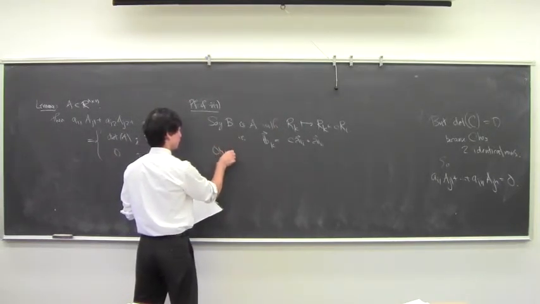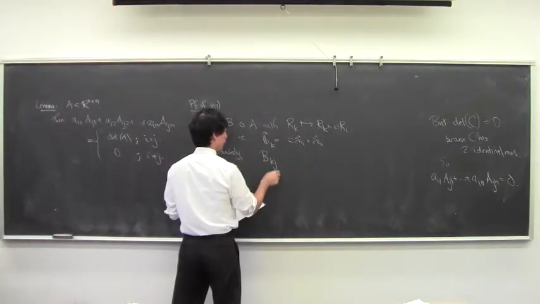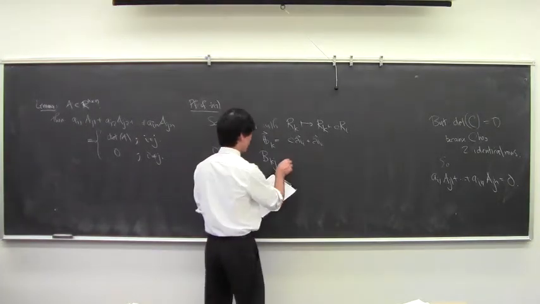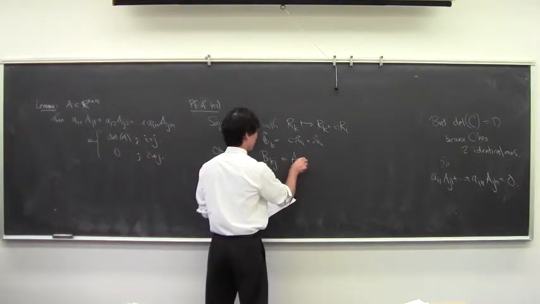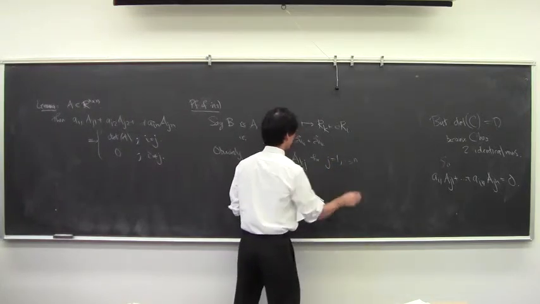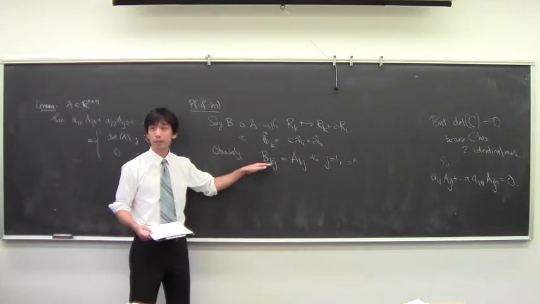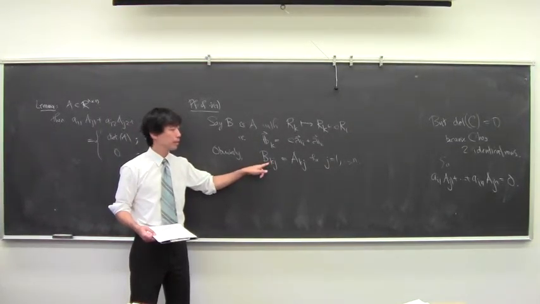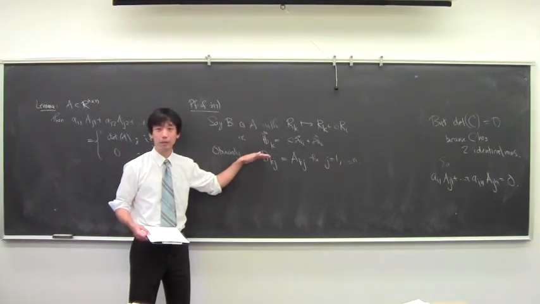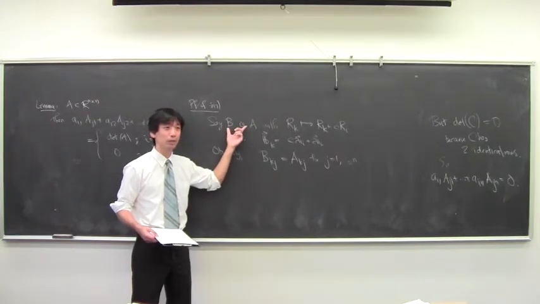Obviously, if we look at the cofactor Bkj, that's going to be the same as Akj for j equals 1 to n. Again, this cofactor involves crossing off the kth row. If we cross off the kth row, then B and A are identical.